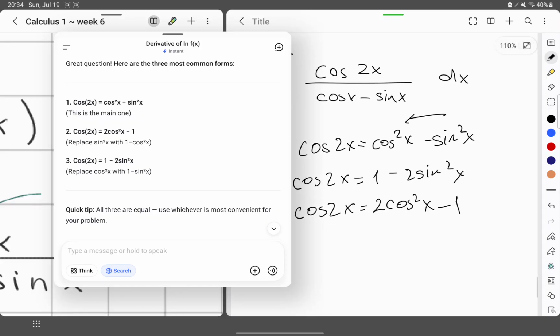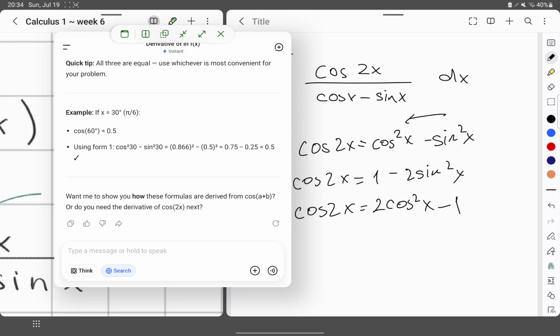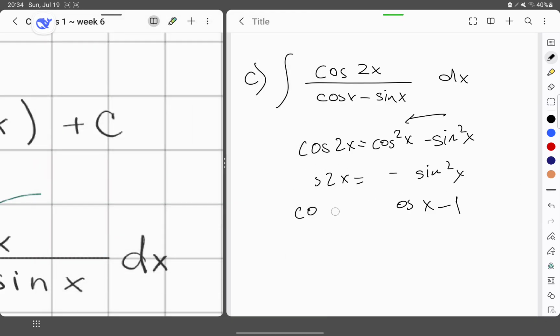Yeah, 2 cosine square x minus 1 and 1 minus 2 sine square x. Okay, it's good that we remembered this one. So let's use this one, okay?